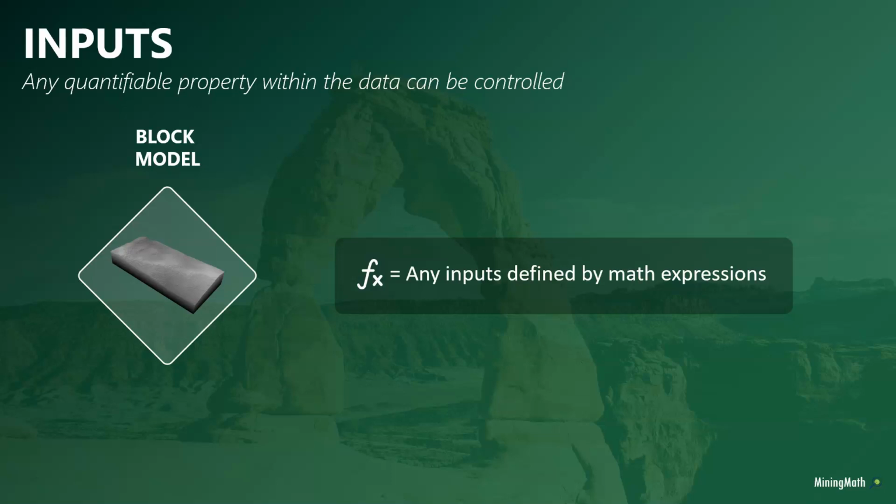So for example, based on the block's properties such as grades, lithology, hardness, etc., you can create mathematical functions and say, well, this block with this given set of properties will have this value for this property I'm just creating. It could be, for example, processing hours demanded in the mill. That could be an option. It could be based on the positioning of the block.